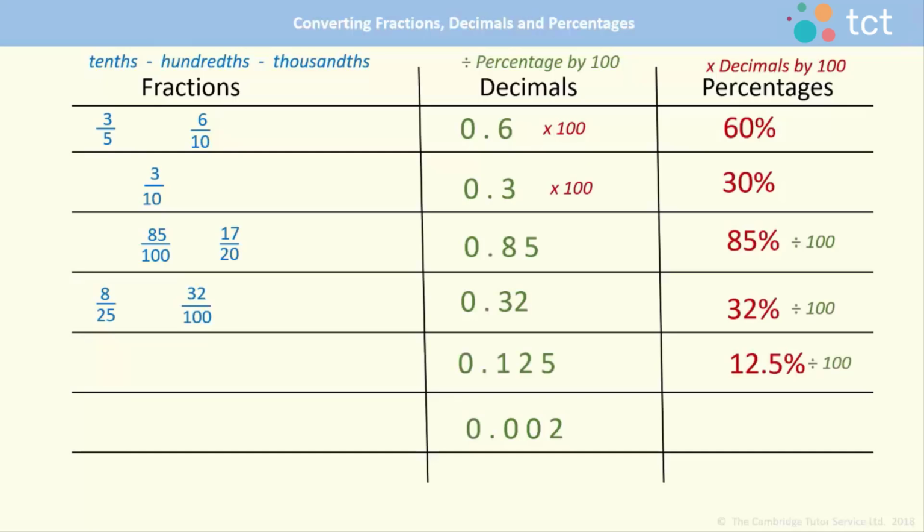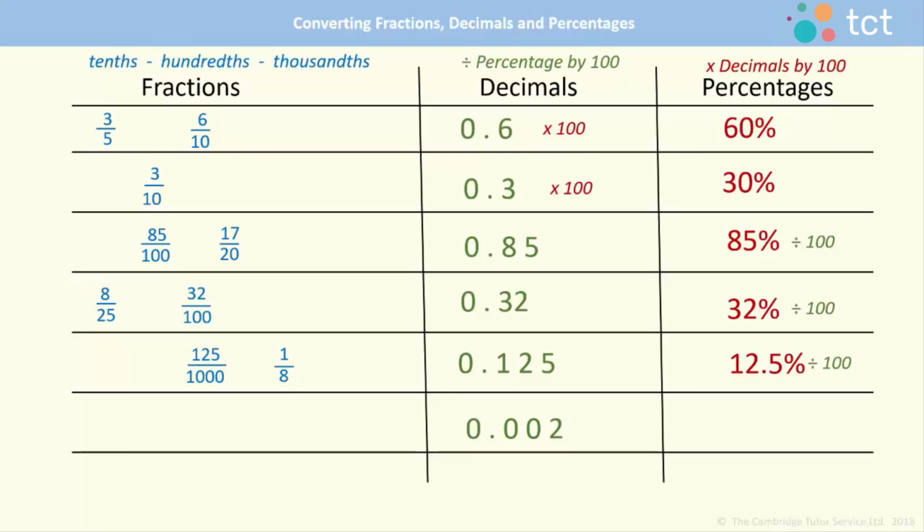To turn that into a fraction, 125 over 1,000, if you remember that there are 125 lots of 8 in 1,000, you'll be able to work out that that's 1/8. If you recognise that 12.5% is half of 25%, and remember that an eighth is half of a quarter, that will also help.